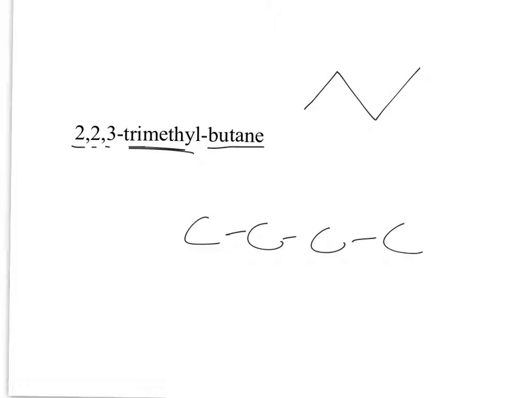So for our line drawing, this is easy. We're going to say, okay, there's one at 2, and then another at 2, and then there's one at 3. Easy. For our structural diagram, there's one at 2, and then another at 3. Easy peasy, then just fill in your hydrogens. CH3. This one, the second carbon is completely saturated. It's not going to make any more bonds, so no hydrogens. This third carbon only has 3 bonds, so it'll make 1 hydrogen bond.